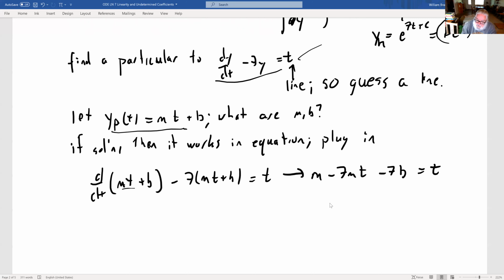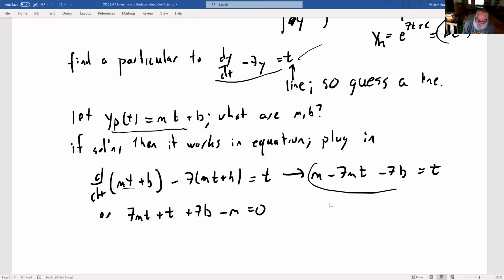Great. So we gather everything together. We'll add a 7mt to both sides, and that will give me 7mt plus t, and add a plus 7b, and a minus m, equals 0.